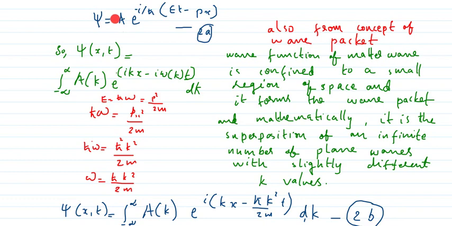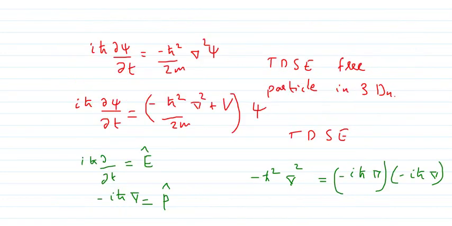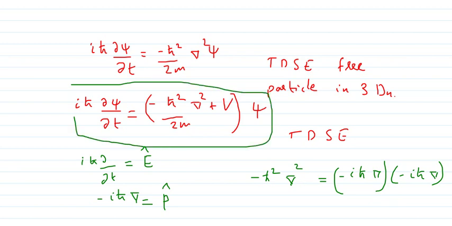So we can find the time dependent Schrodinger equation using both 2a and 2b. Also, this is the time dependent equation, so we have a time part as well as a spatial part. So this one represents the time dependent equation.